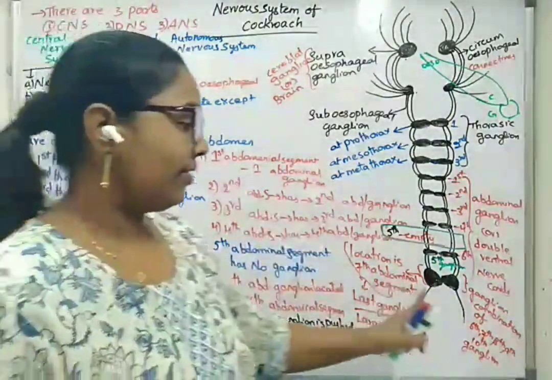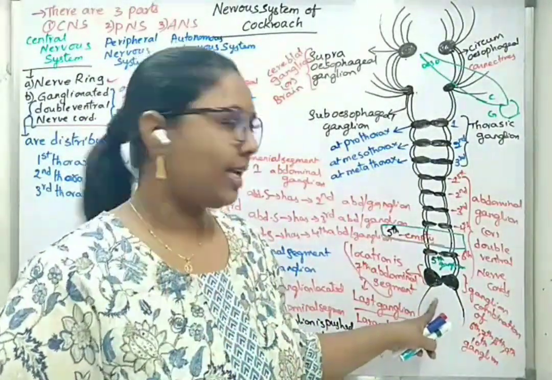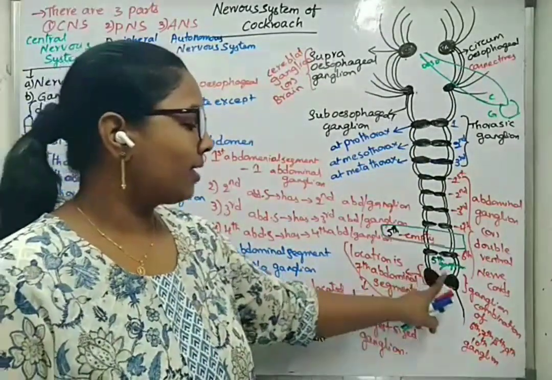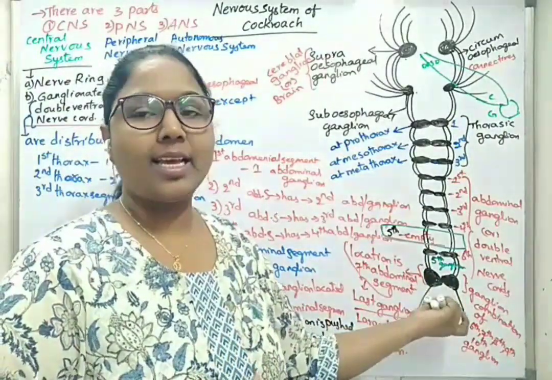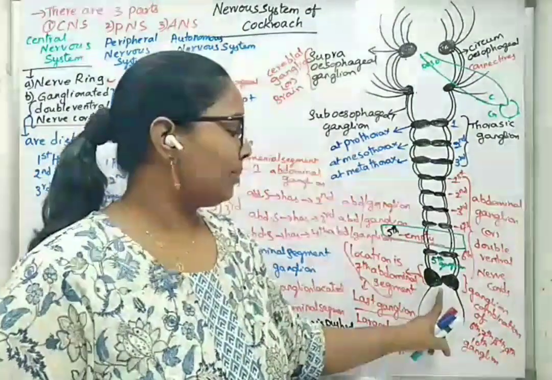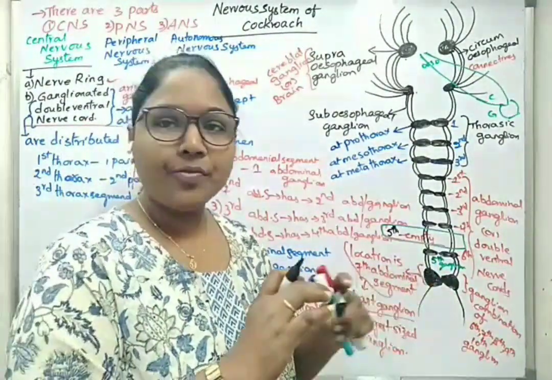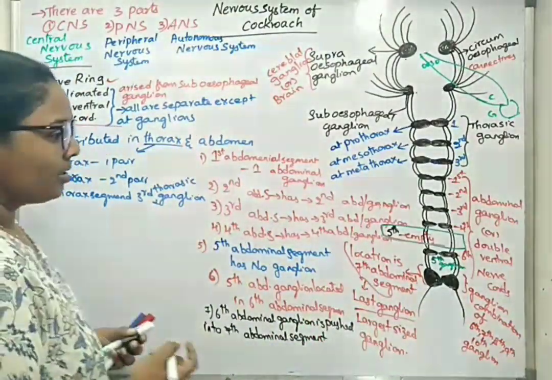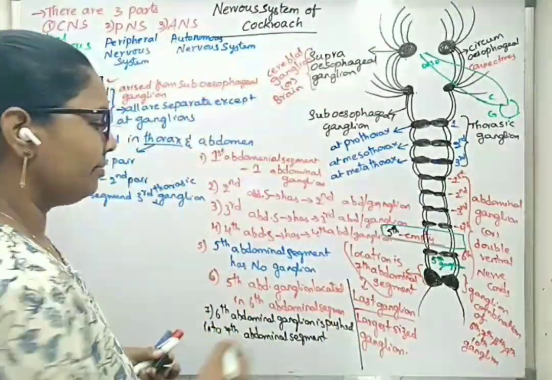Now, in the seventh abdominal segment, the seventh ganglion, eighth ganglion, ninth ganglion, 10th ganglion, along with the sixth abdominal ganglion, all are gathered here, means all are fused here to form the largest ganglion. So we can see, out of all ganglia, the seventh abdominal segment is having the largest ganglion, which is formed by fusion of all these up to the 10th ganglion. So I have written here, it is the largest ganglion.